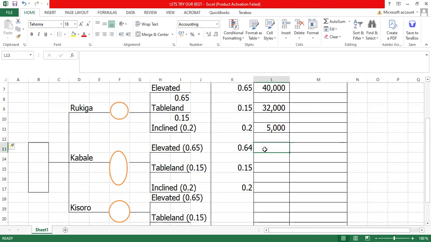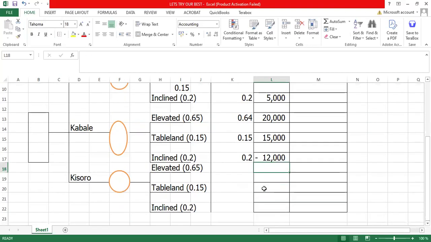Then for Kabare, the first one is 20,000. Then next 15,000. Then next negative 12,000.